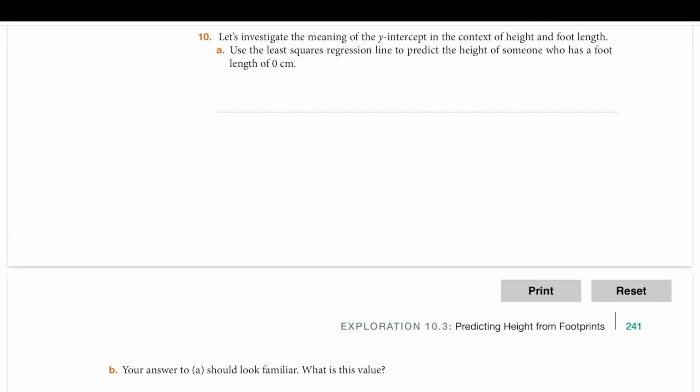All right, and then number 10, let's investigate the meaning of the y-intercept in the context of height and foot length. Use the least squares regression line to predict the height of someone who has a foot length of 0 centimeters. Again, if we use our predicted height equation, and it doesn't mean predicted until we put the hat on: 38.30 plus 1.03 times foot length.